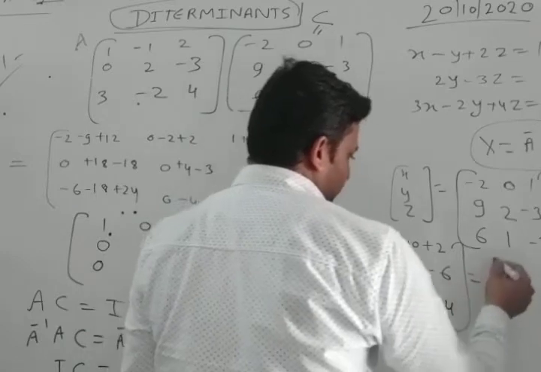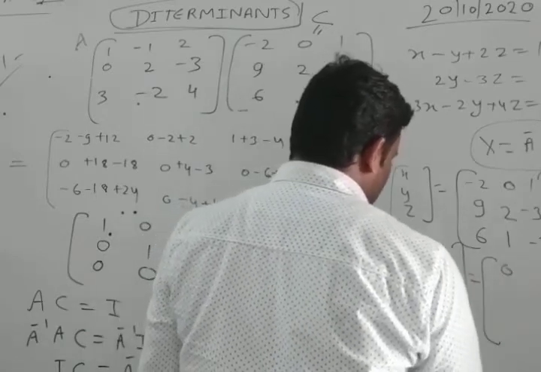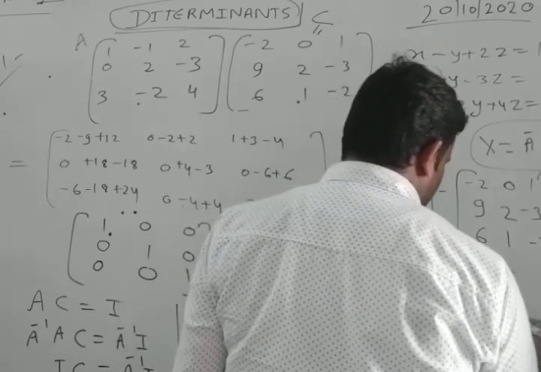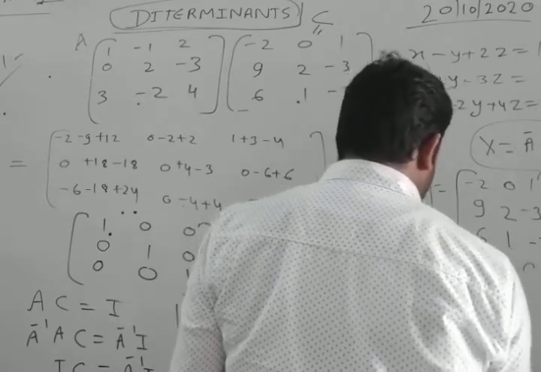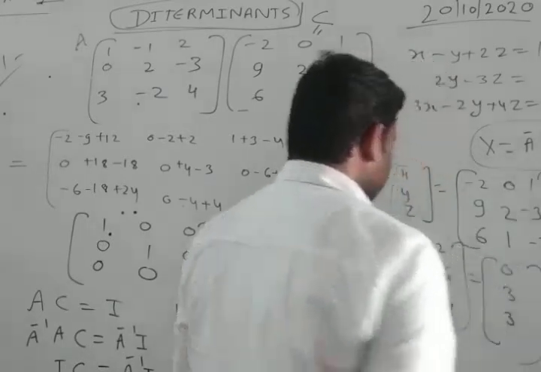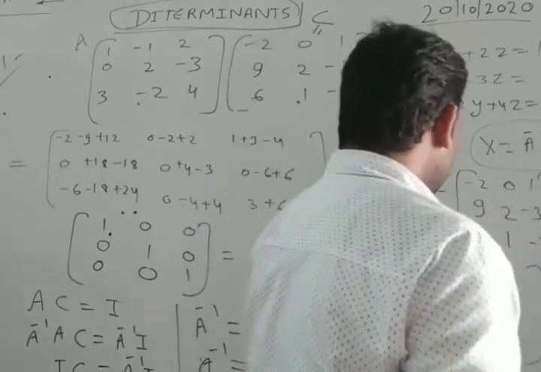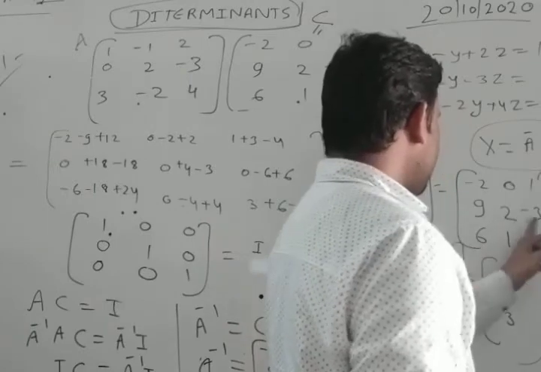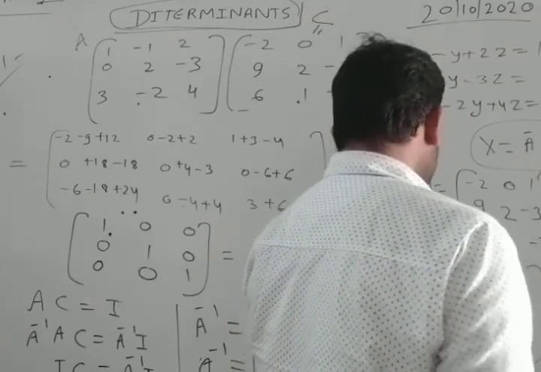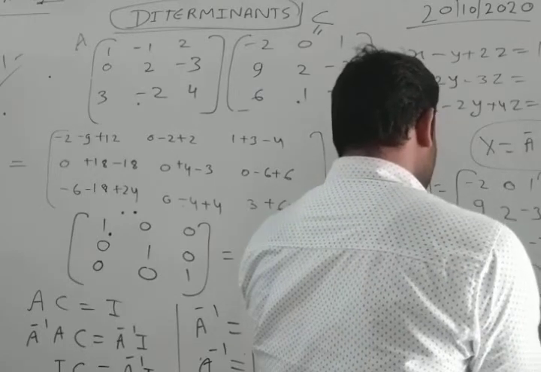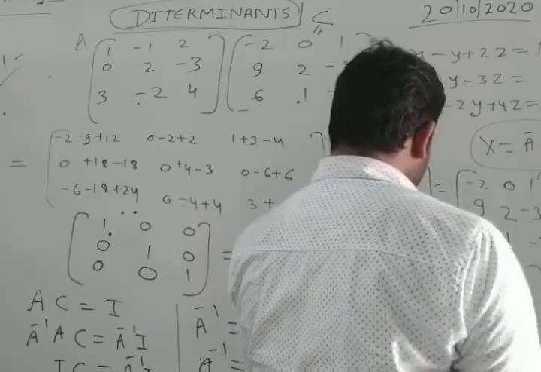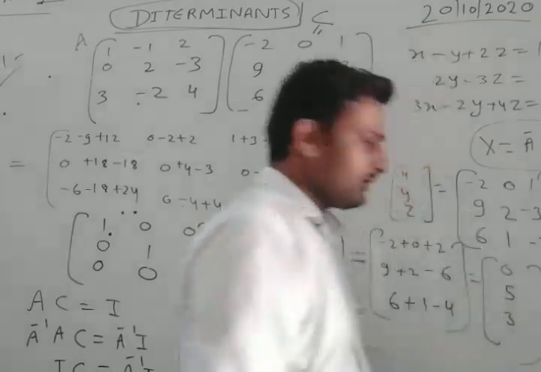So after solving we get 0. 9 minus 6 is 3. 6 plus 1 is 7, minus 4 is 3. 9 and 9, 2 and minus 6. So 9 to 11, 11 minus 6 is 5, and 6 plus 1 minus 4, 7 minus 4, this is 3.